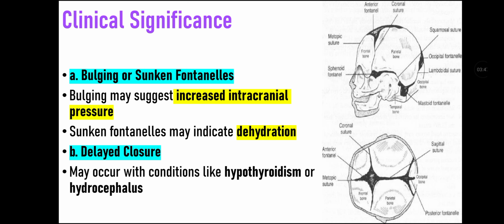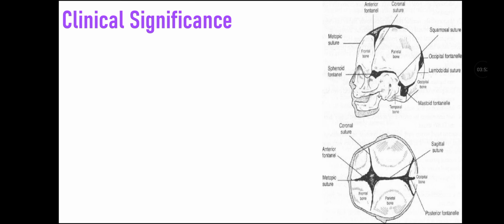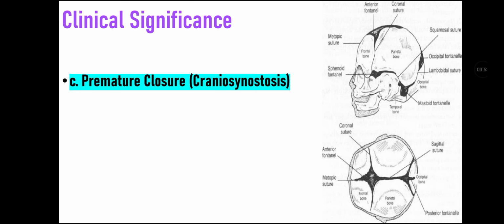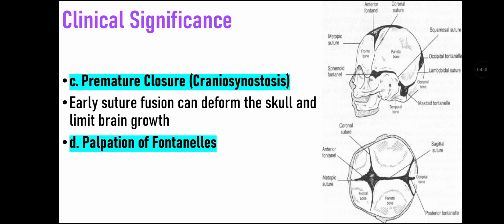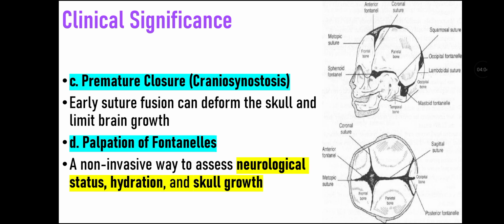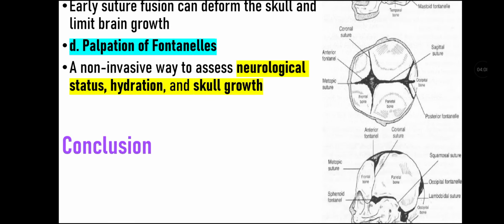There is delayed closure of the sutures, and the bone ossification is also slow. Next, there may be premature closure, that is also called craniosynostosis, that is early suture fusion that can deform the skull and limit brain growth. Next is palpation of fontanelles, as it is a non-invasive way to assess neurological status, hydration and skull growth.